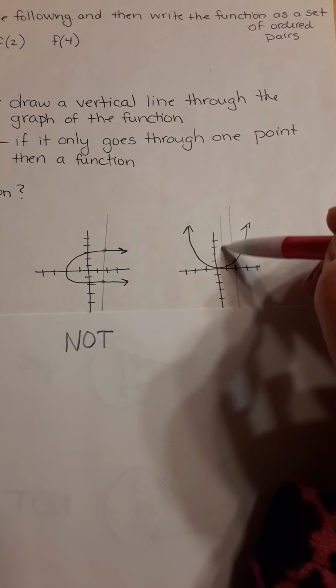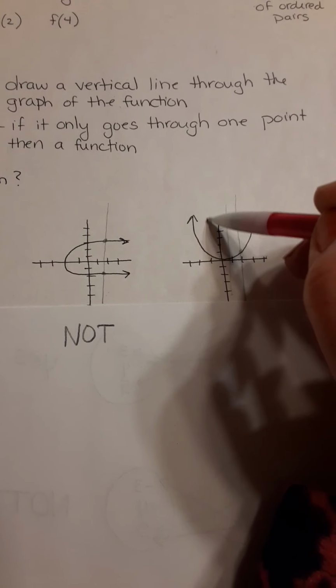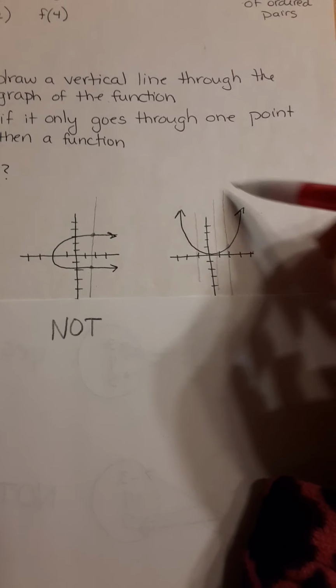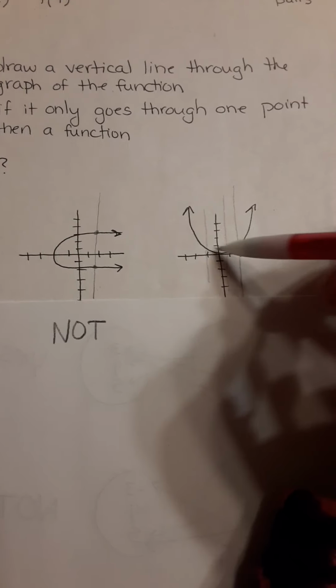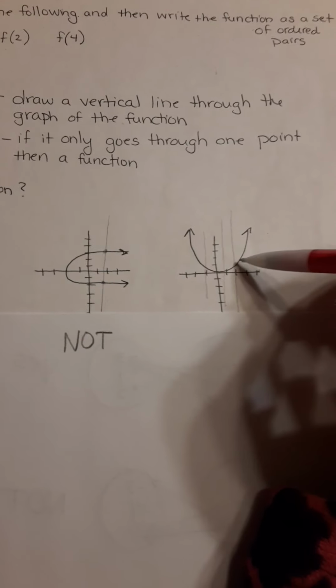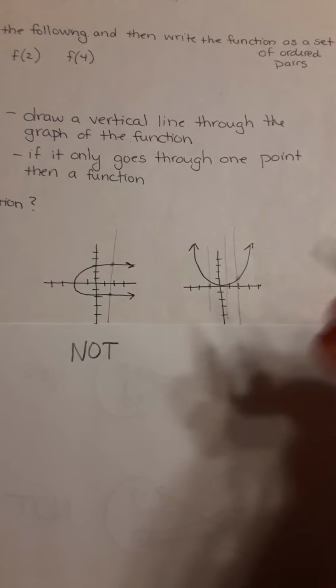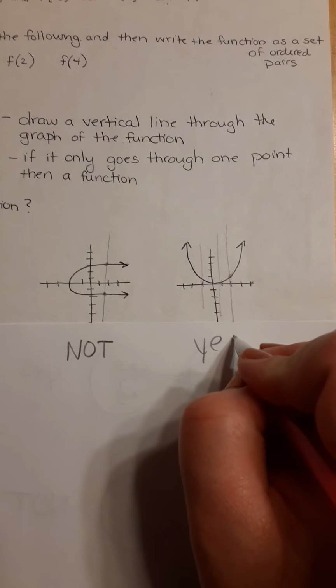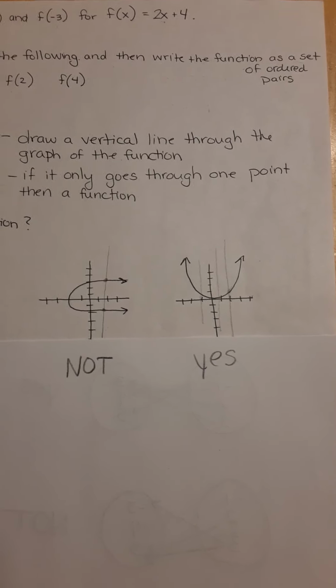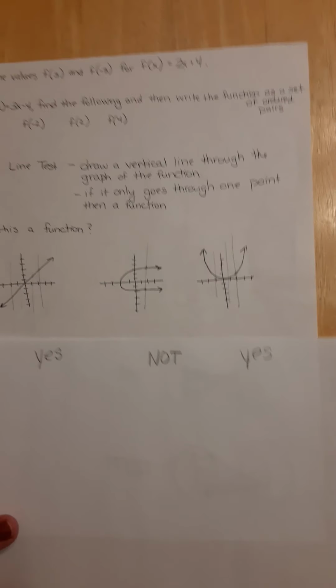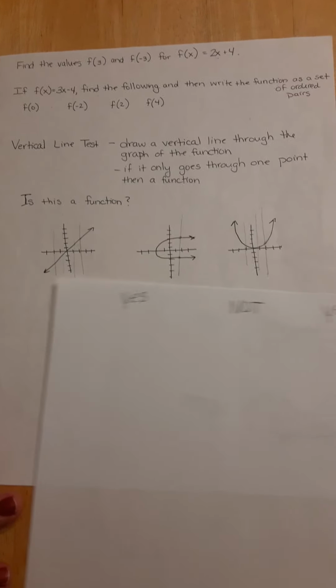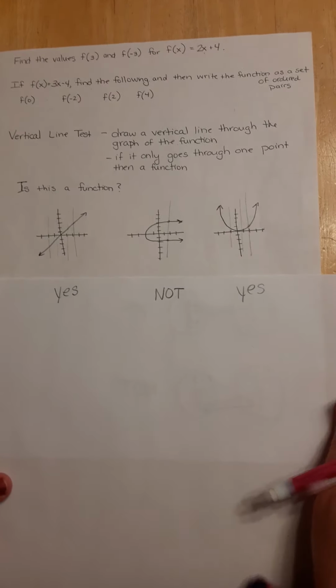How about if I drew it here? How many times? One. If I draw it here, one. So even though this is a parabola, when I do my vertical line test, this only connects at one spot. So yes, this is a function here. So the vertical line test is a quick and easy way when I have a graph to tell if I have a function or not.